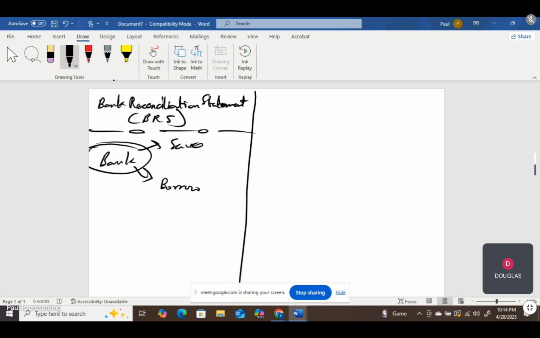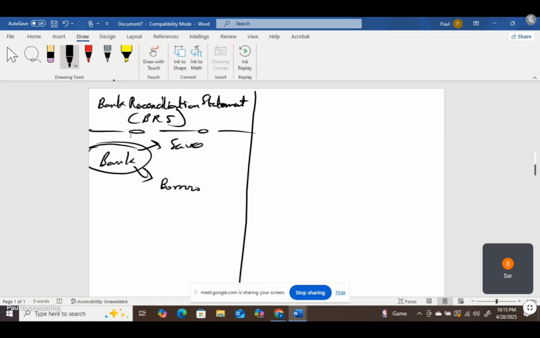So a bank is not just a place you save your money. Now, a bank is a financial intermediary. You know what an intermediary is? An intermediary is something that exists between two or more things.